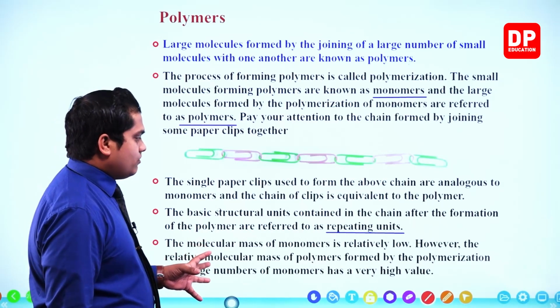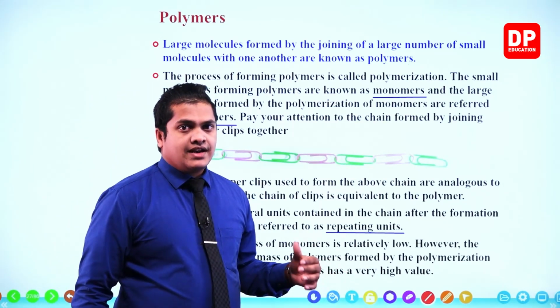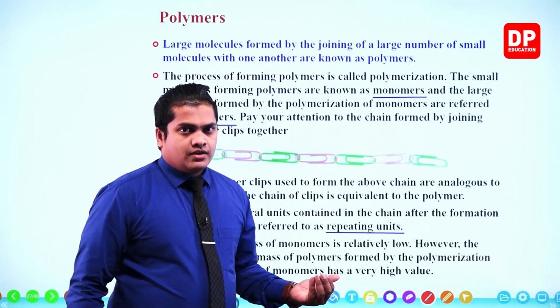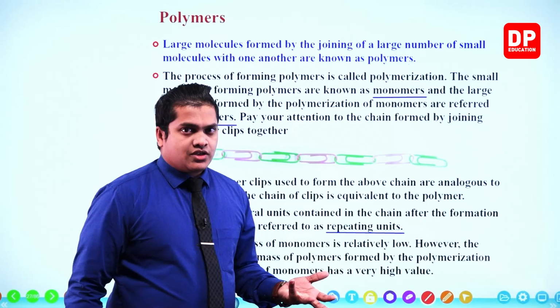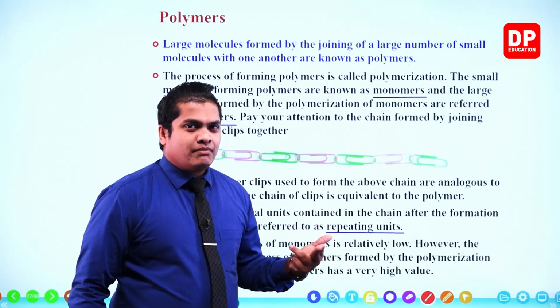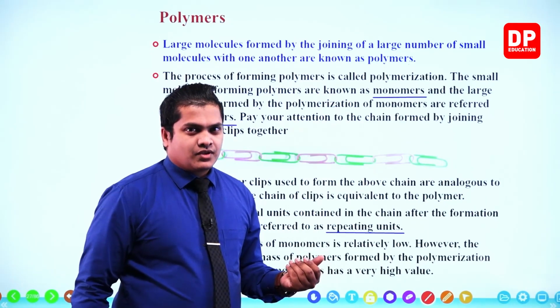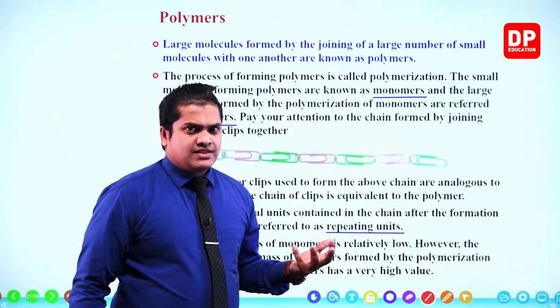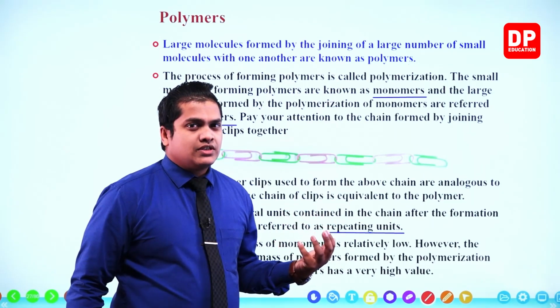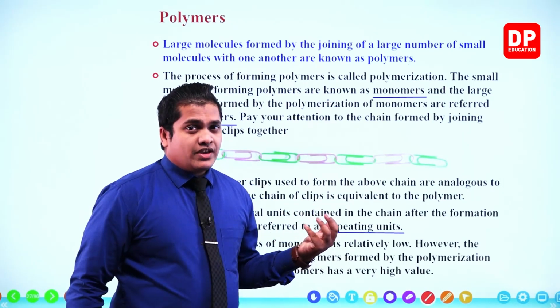When you take monomers, the molecular mass is relatively low. You know that when you take CH4, methane, the molecular mass is 12 plus 4, 16. Now we are discussing derivatives of ethene, and we can create polymers using ethene.